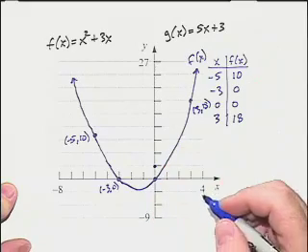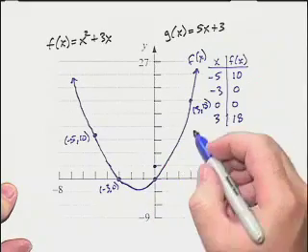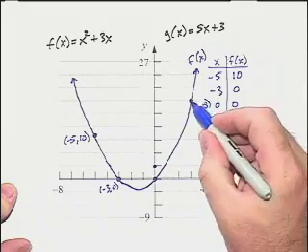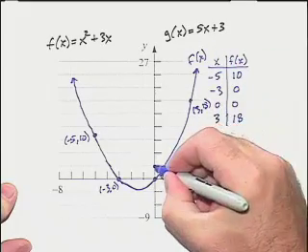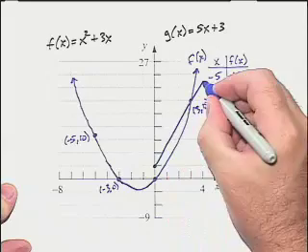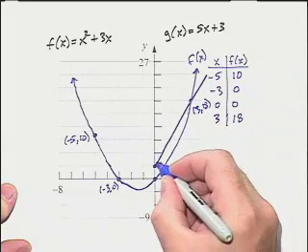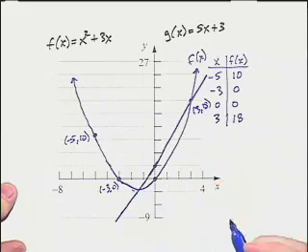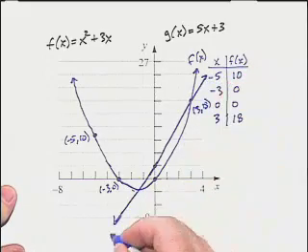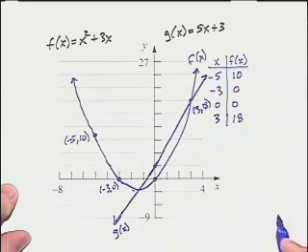And plot that. And we can pick one other point. Say x is equal to 3. If x is 3, g is 18. So we'll connect these 2 points. And that's the graph of g of x.